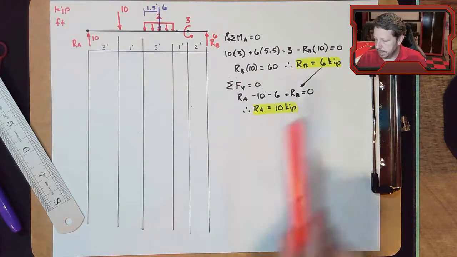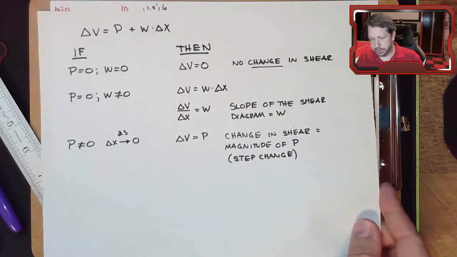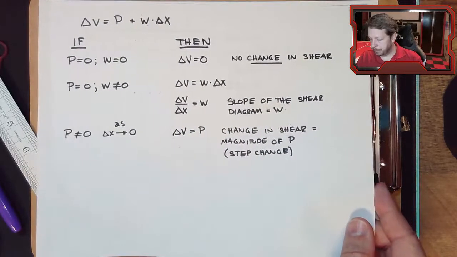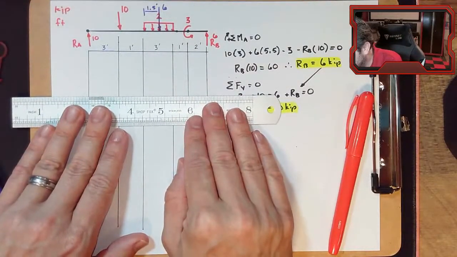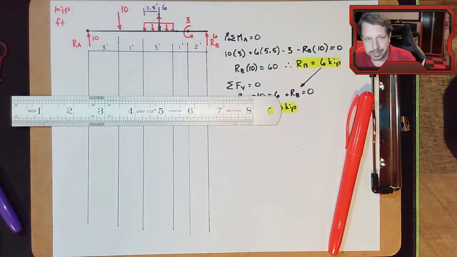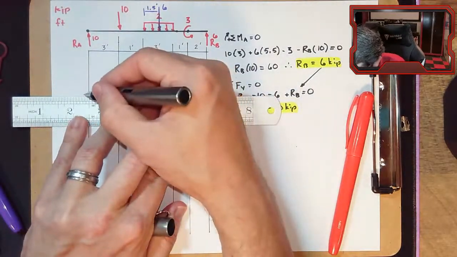Now what you do is we're about to draw our shear diagram based on the rules that we just created. So I'm going to create a reference line somewhere in here that will be kind of the 0 line, so the baseline, datum, whatever you want to call it.